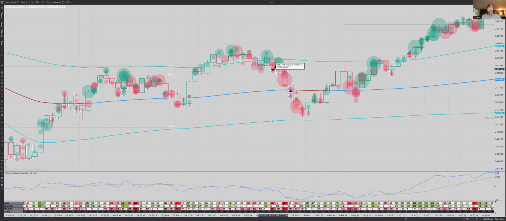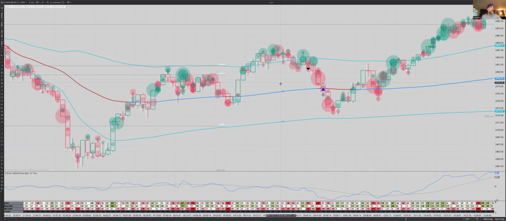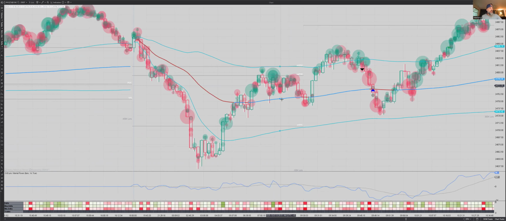Here's what I didn't do well. Initially I had a target of the previous day regular trading hours value area low, and you can see that we nailed that a little bit further down from where I actually took profit.